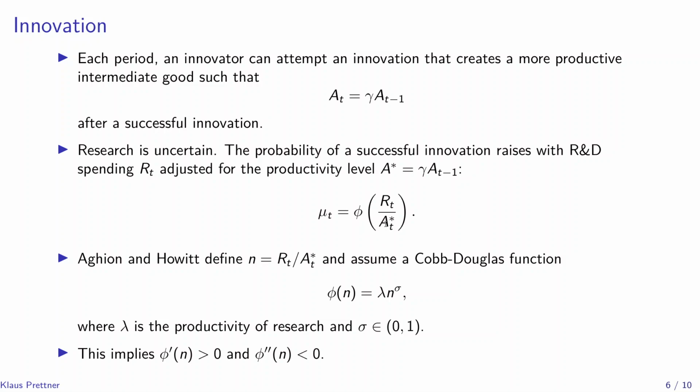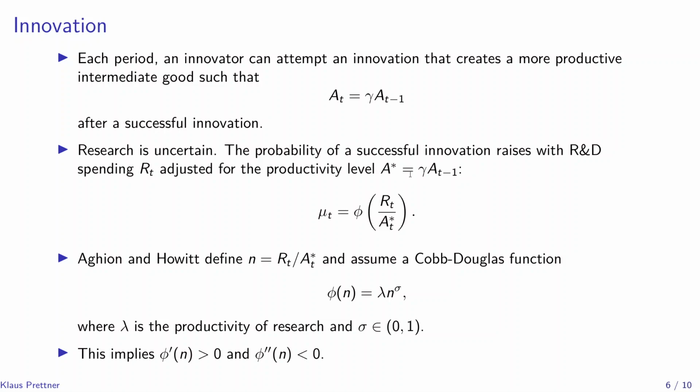What's also assumed in this model is that it's not the absolute level of expenditure that matters, but expenditure normalized by the level of technology that is already there. So if technology is more sophisticated already, then you need more resources to invest in order to have the same probability of a successful innovation.